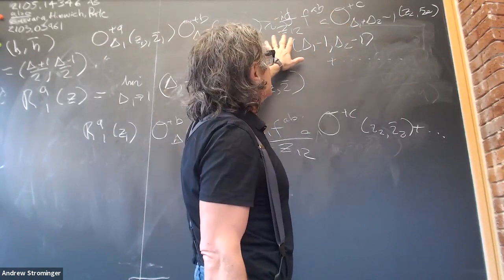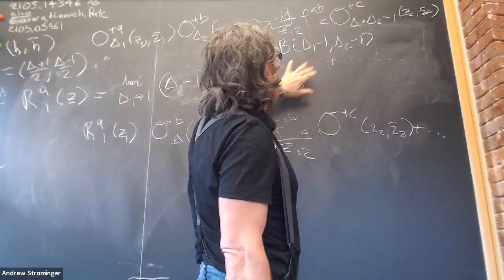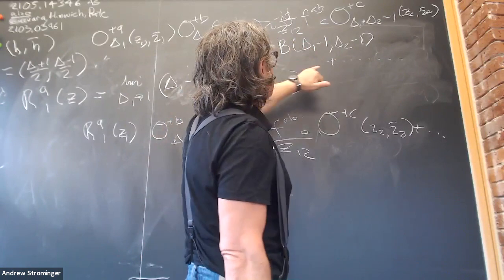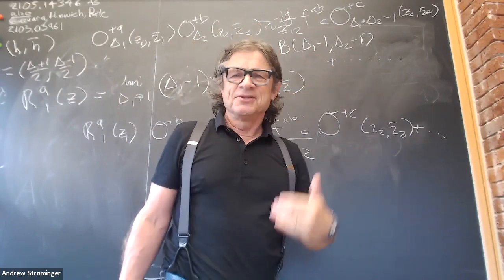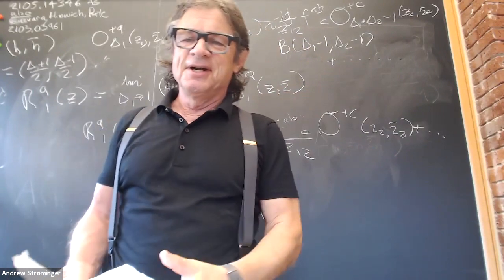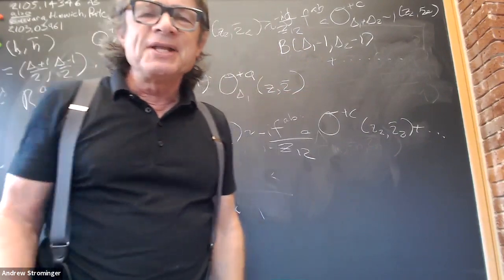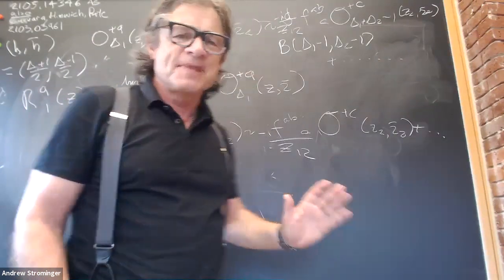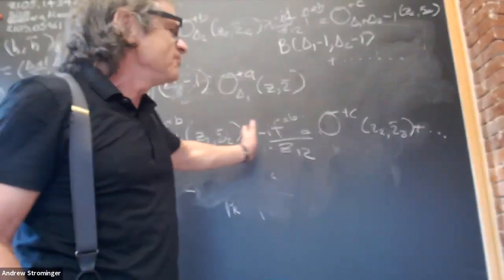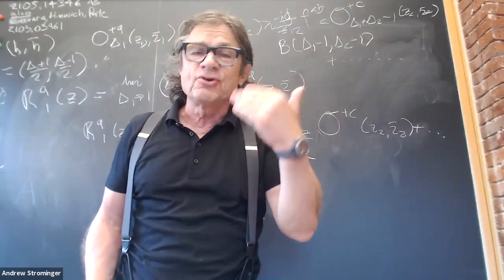This is the only term that contributes, because the plus dot, dot, dot doesn't have poles in it. And of course, the way that it was originally discovered is that this can actually be derived from the soft gluon theorem.